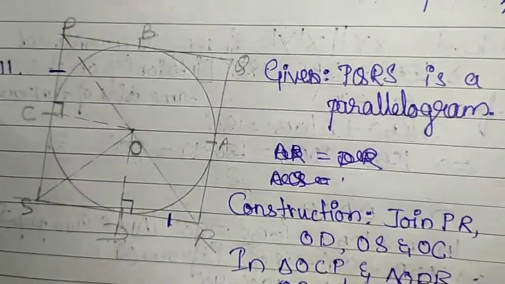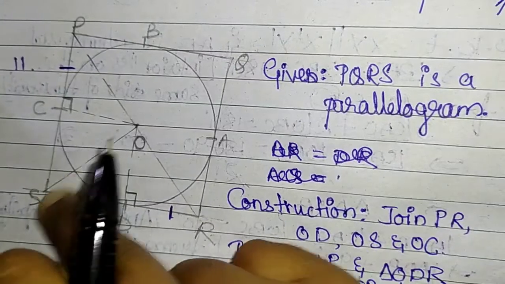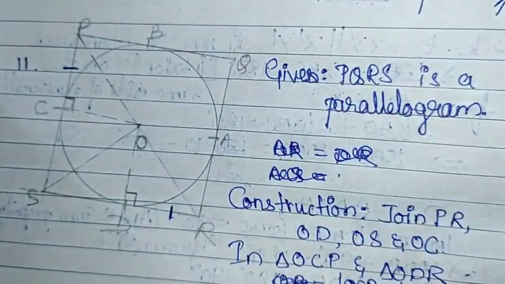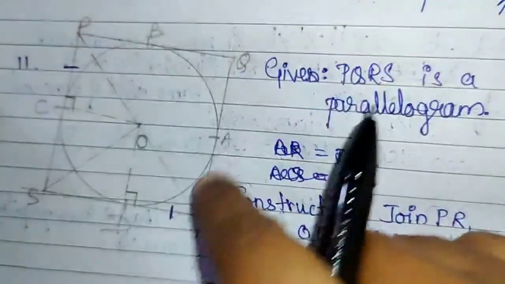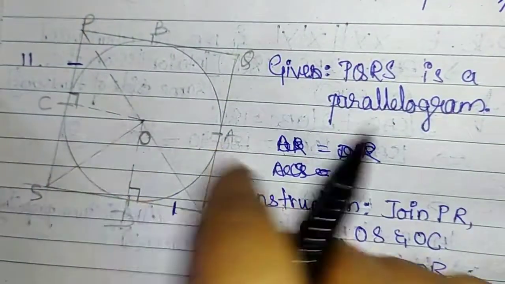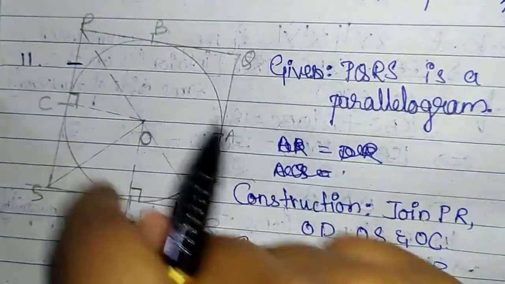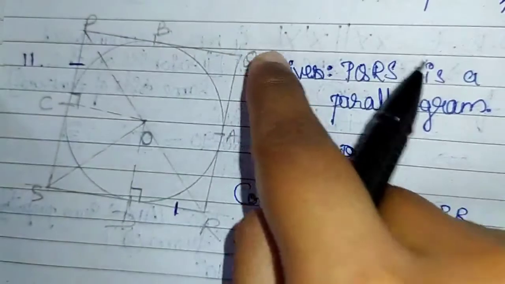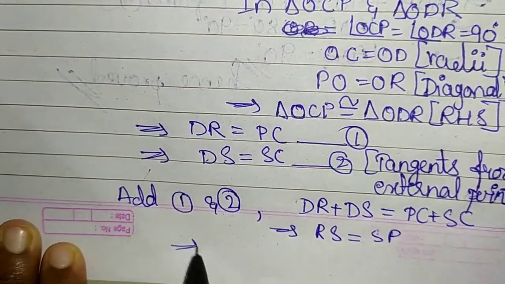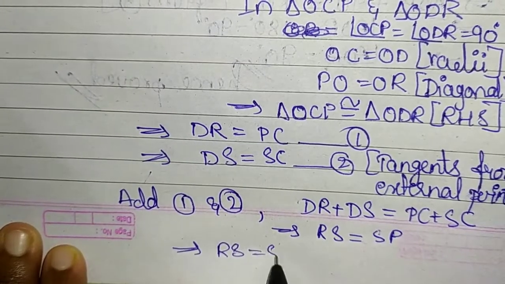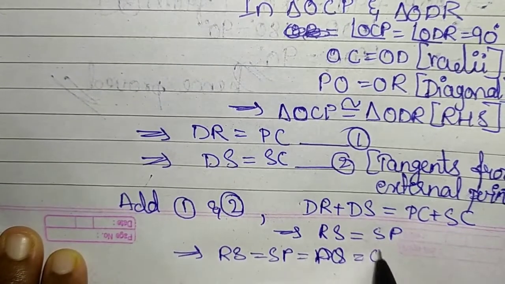That means one pair of adjacent sides, RS is equal to SP. And also we know that RS is equal to PQ because it is a parallelogram and opposite sides are equal, and since RS is equal to SP, SP is also equal to RQ because of opposite sides. So all the sides are equal: RS is equal to SP is equal to PQ is equal to QR.